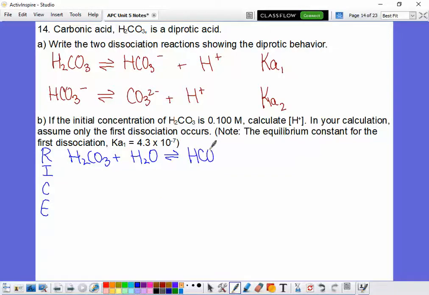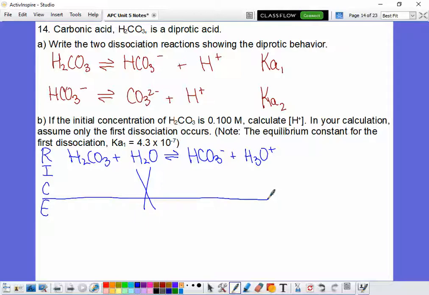HCO3 minus and H3O plus. For our purposes, this equation and what we wrote in letter A are pretty much interchangeable. Okay? All right. What do I do next? Cross out water. Why can I cross out water? Because it's a liquid.